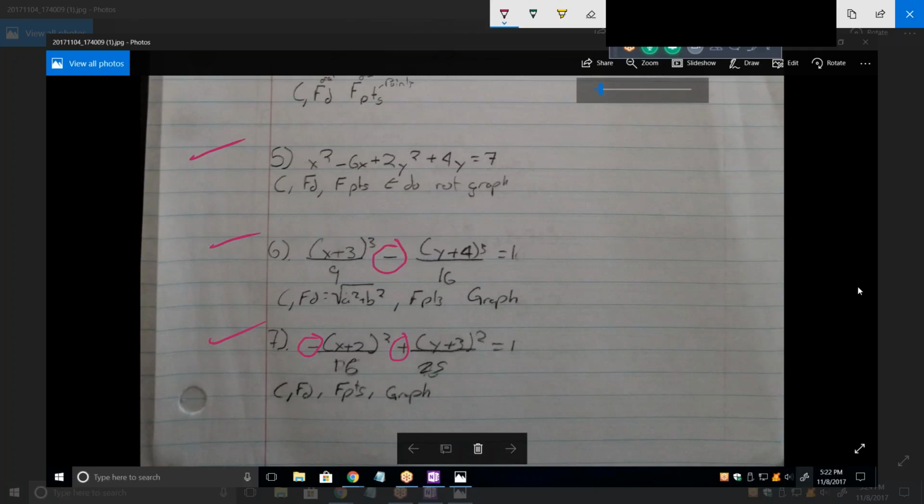What is finding the focal distance and the focal points? Well, you can't find those without putting it into standard format. Now, can you tell me by looking at this polynomial whether it's an ellipse, a circle, or a hyperbola?